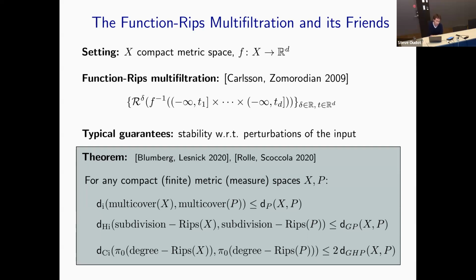So there has been a whole series of stability results that have come out. Here are a few examples of those. There is one about the multi-cover variant of the multifiltration, where the stability is expressed in terms of the interleaving distance. And of course, there are a couple more examples listed here, and there are a few more again in the literature.